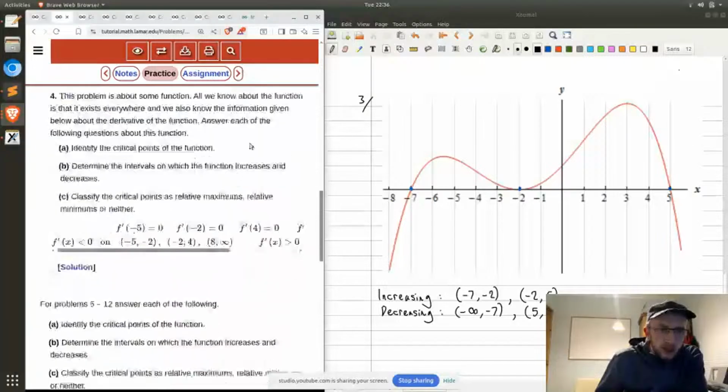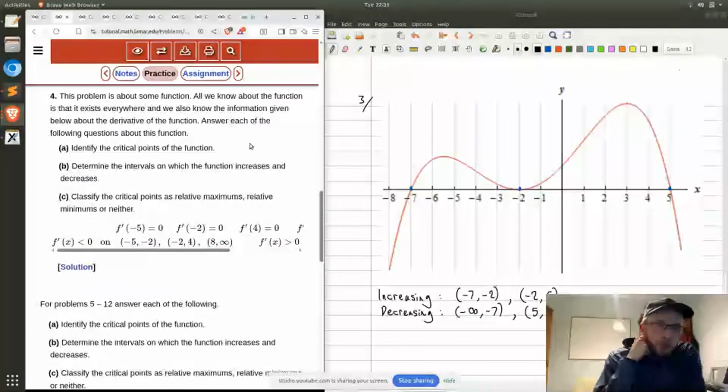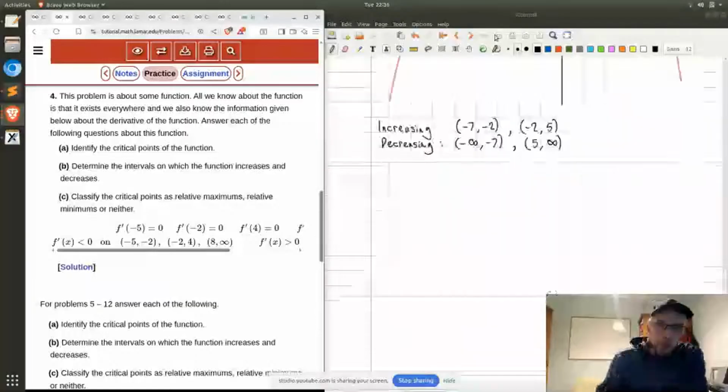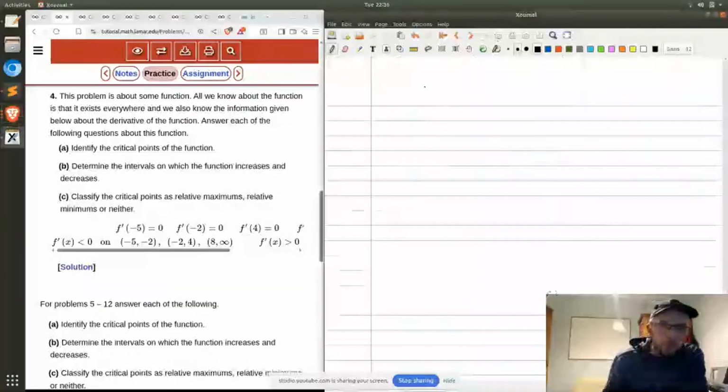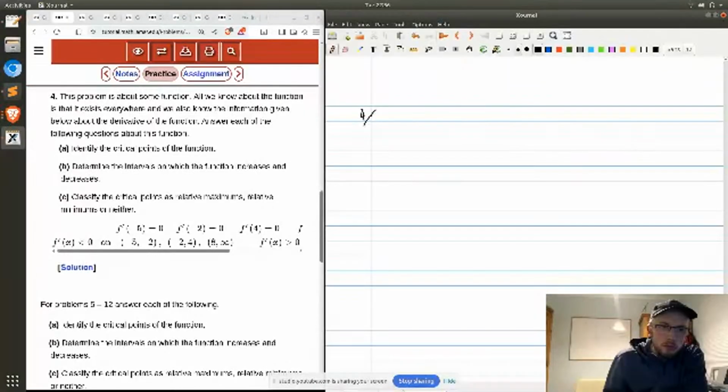This problem is about some function. All we know about the function is that it exists everywhere. Answer each of the following questions about this function.